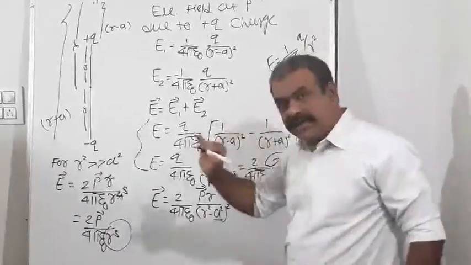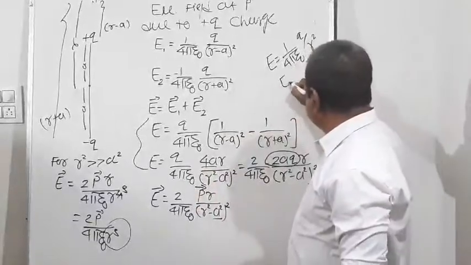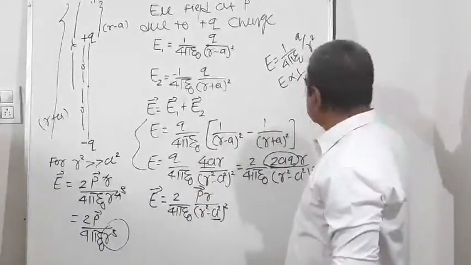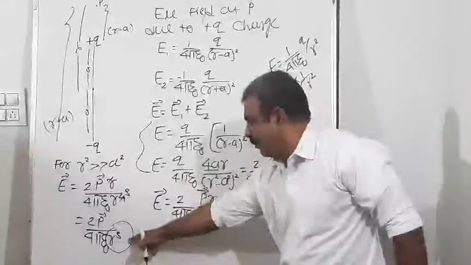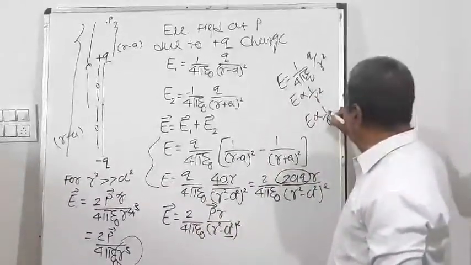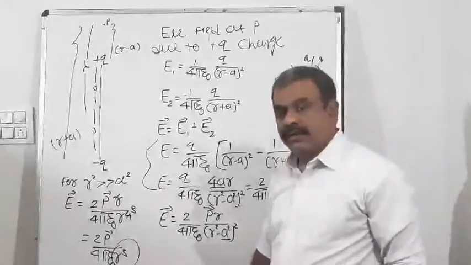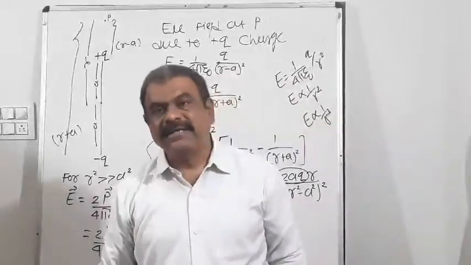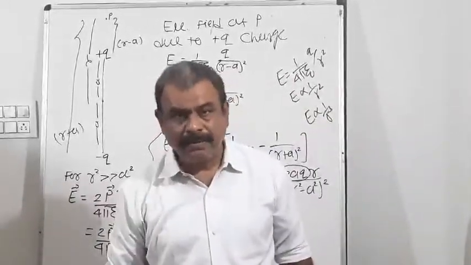So, for a single point-like charge, E is proportional to 1 by r square. But here, for dipole, what did we get? E proportional to 1 by r cube. This was electrical field intensity on axial line of the dipole.